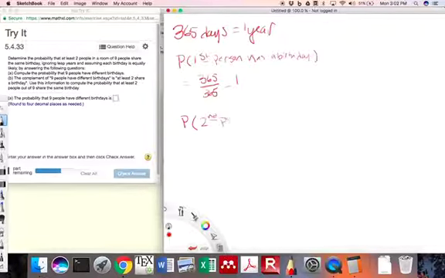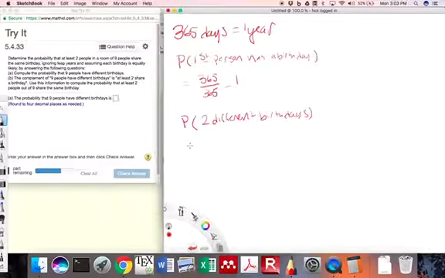Second person, actually here, let me say it this way. Now that we know the probability that the first person has a birthday on any given day is 365 out of 365, now we will know the probability of 2 different birthdays.